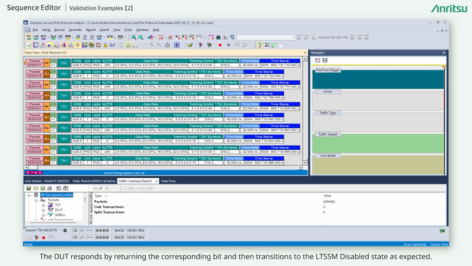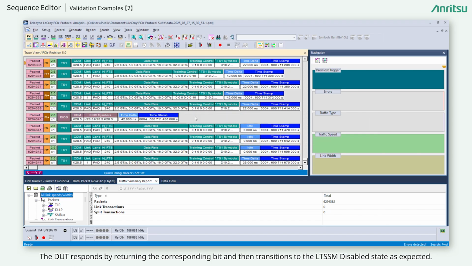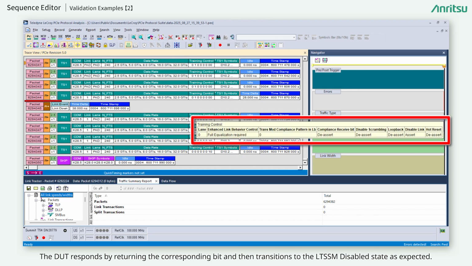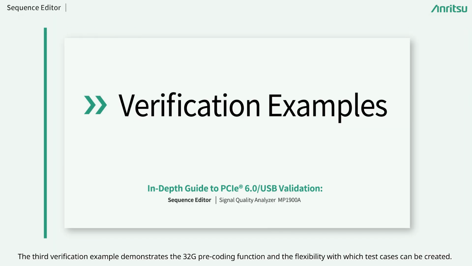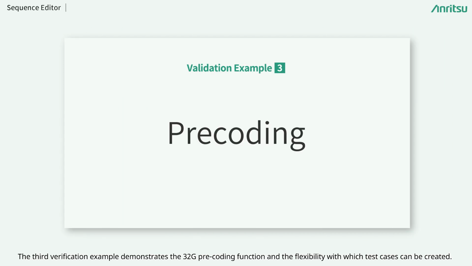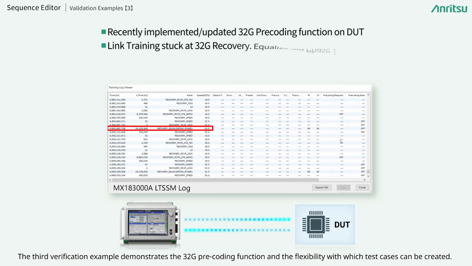The DUT responds by returning the corresponding bit and then transitions to the LTSSM disabled state as expected. The third verification example demonstrates the 32G precoding function and the flexibility with which test cases can be created.